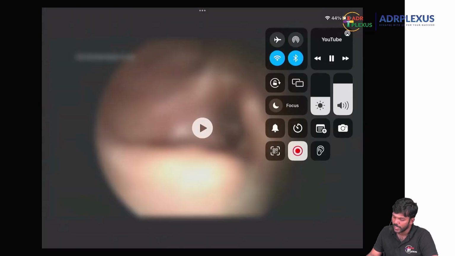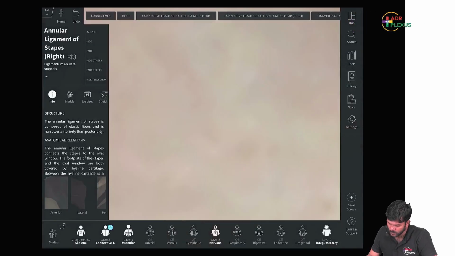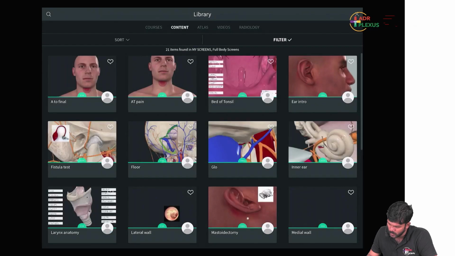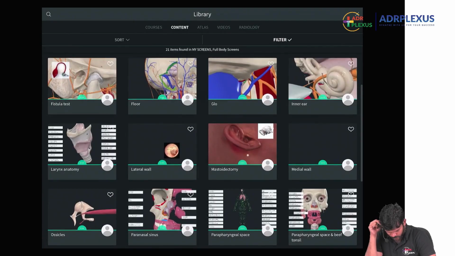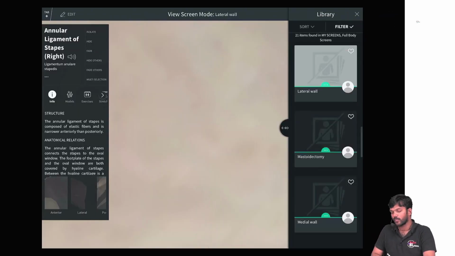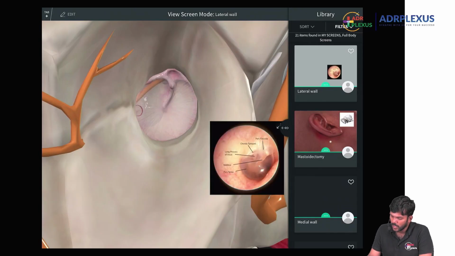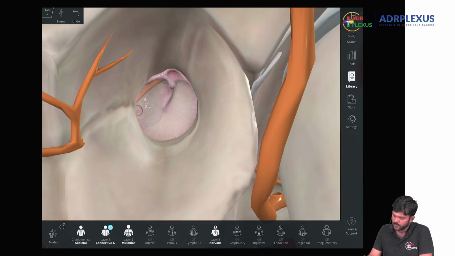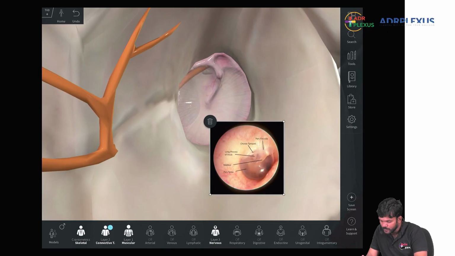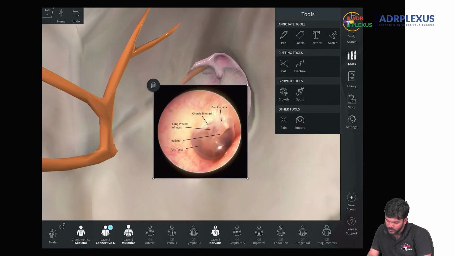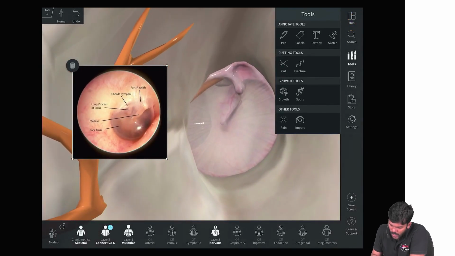I will show you the ideal tympanic membrane. I'm just showing the ideal tympanic membrane for you. This is the ideal tympanic membrane. Can you see? This is the right one, this is the left one.